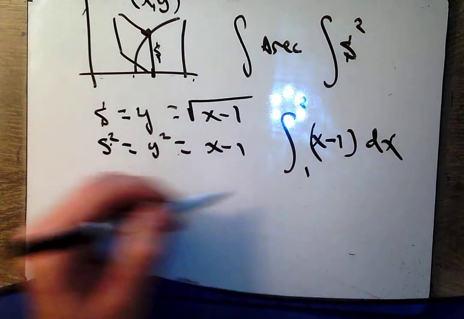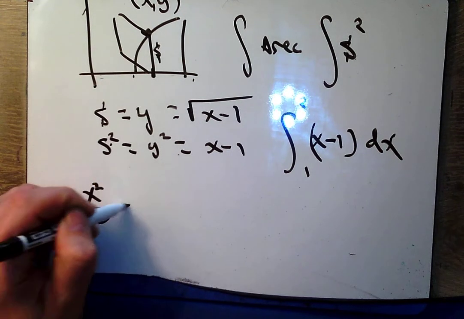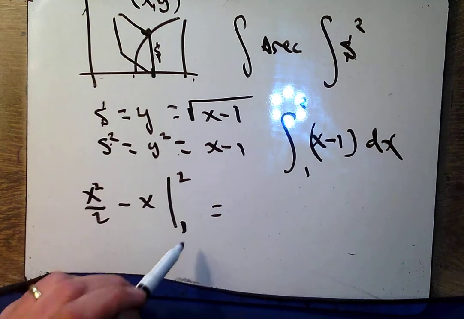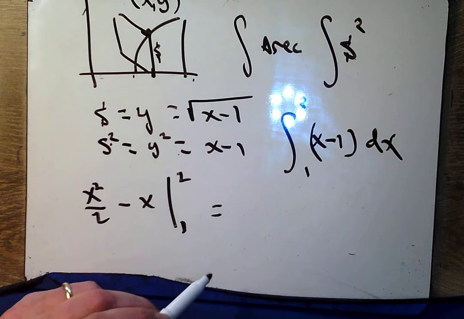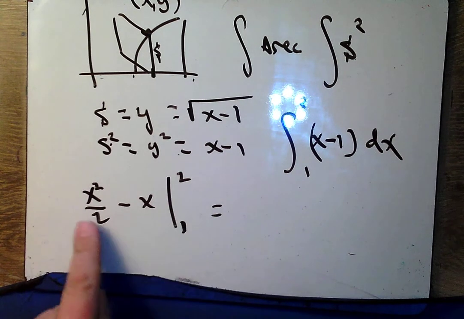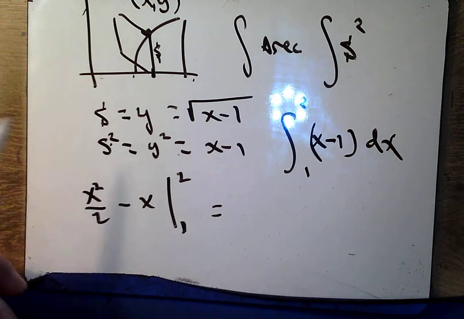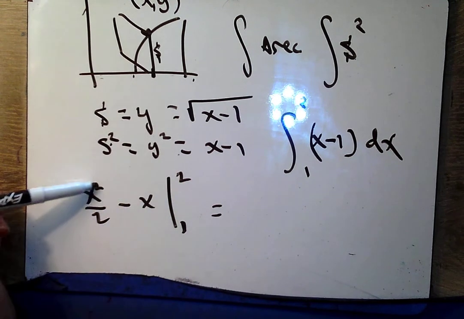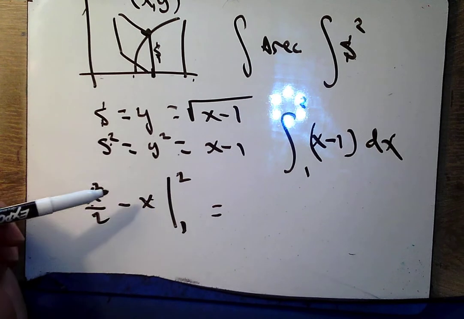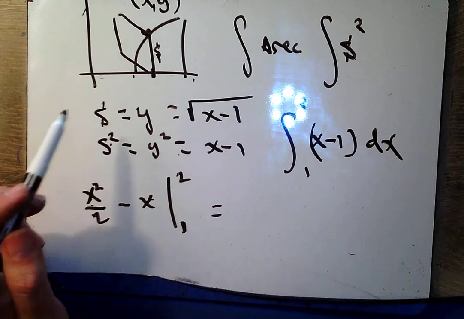I should actually do this then. X squared over 2 minus x from 1 to 2. Now we plugged in so many zeros in this unit that a lot of people just plug in this number, and that would be a mistake. If for no other reason than, 2 squared is 4, 4 divided by 2 is 2, and 2 minus 2 is 0. Right.